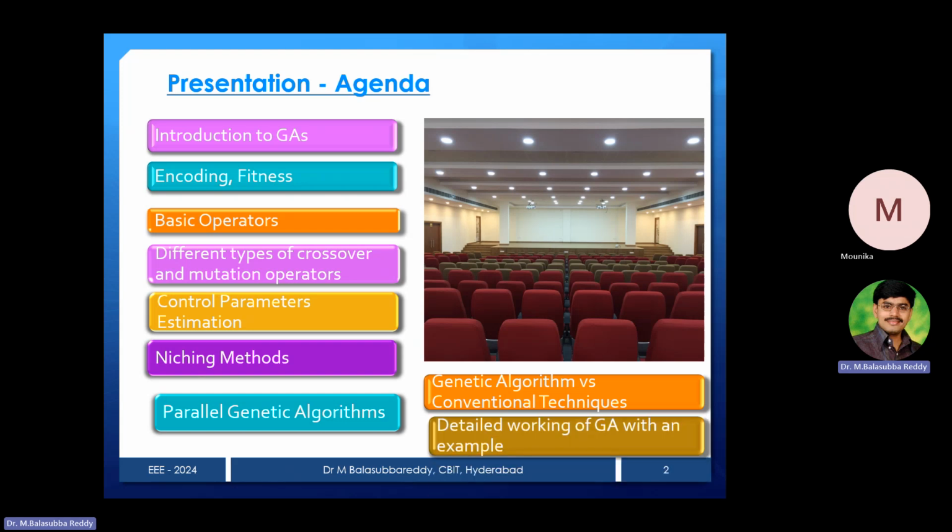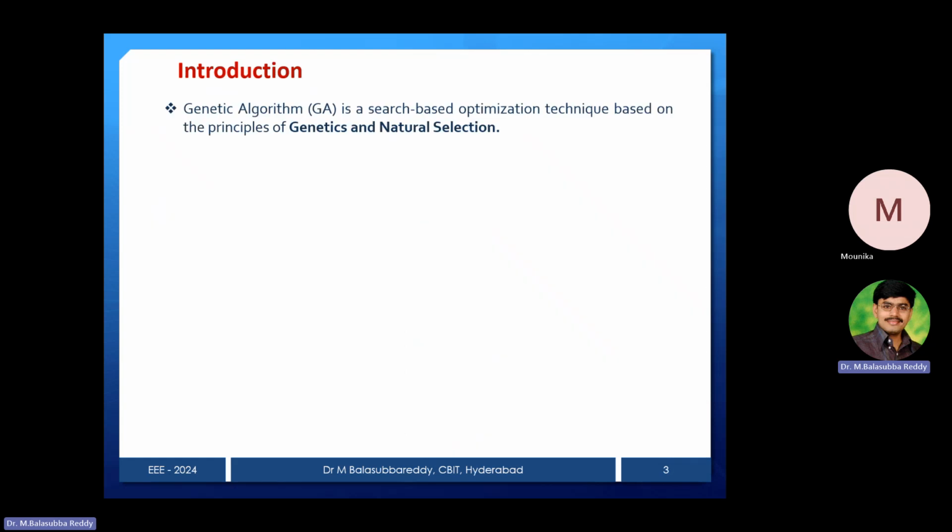And then we will see the detailed working of a genetic algorithm with an example. We'll consider different examples or objective functions and how to minimize or maximize the objective function using genetic algorithms. These are the total presentation agenda or syllabus in this unit.